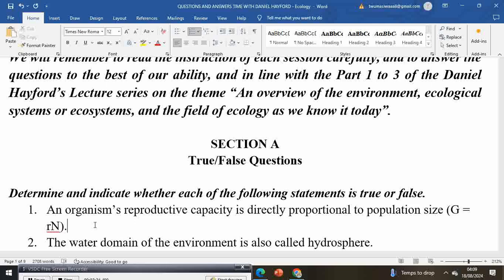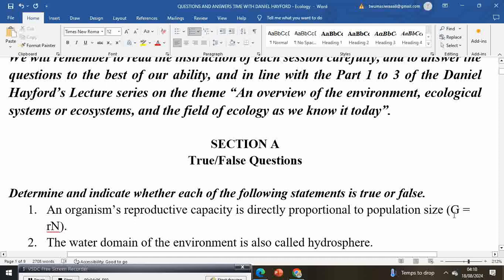The formula, for example, is giving you a clue, if you understand what the letters represent. Capital G represents the population growth rate. The small r represents an organism's inherent reproductive capacity, and the capital N represents the population size.